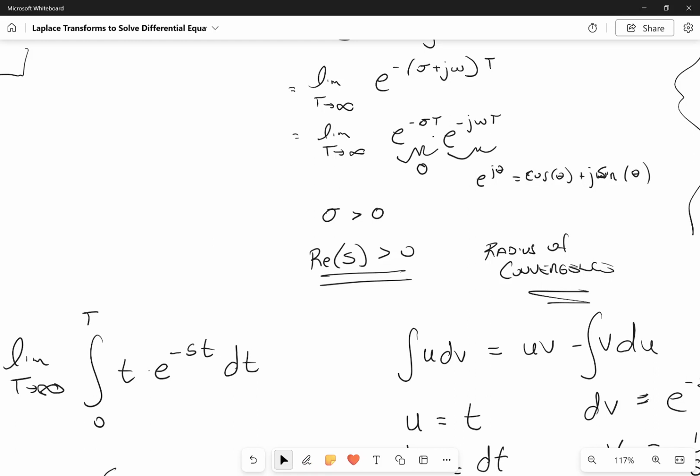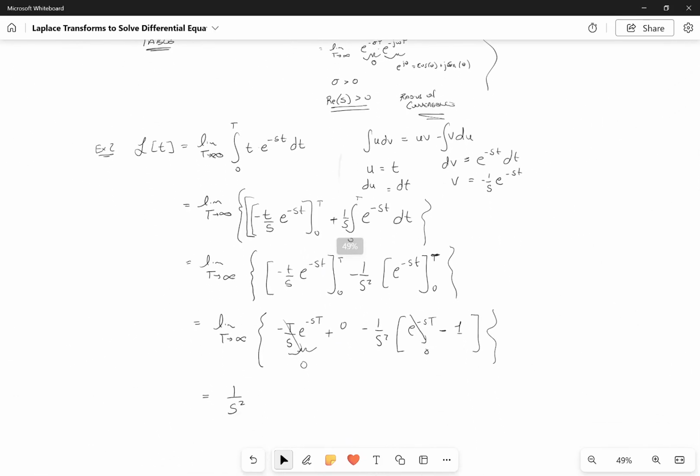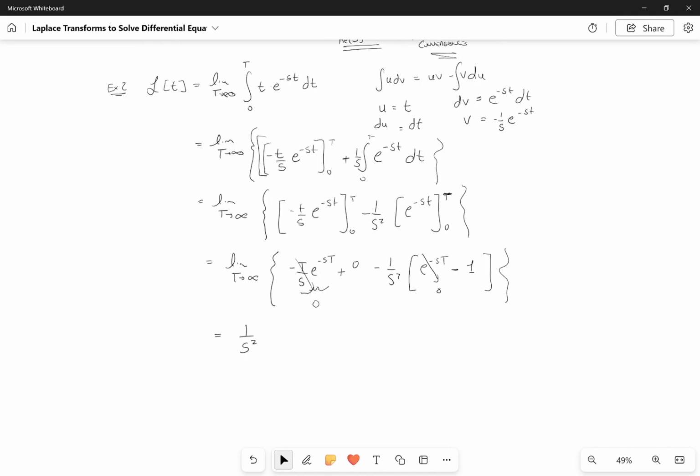What's required is that sigma cannot be negative, because if sigma is negative, then e to the negative of a negative is e to the positive. So e to a positive number is going to blow up, and it's not going to converge. So we just say that the real part of s must be greater than 0 in this case.